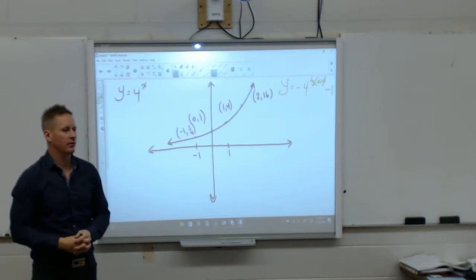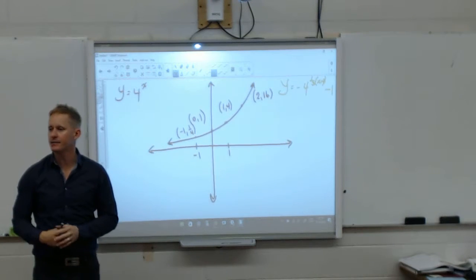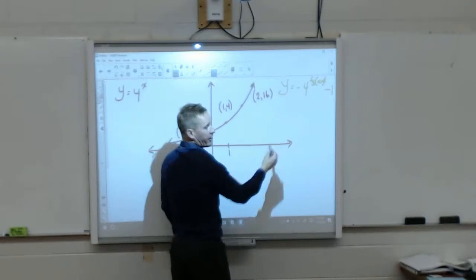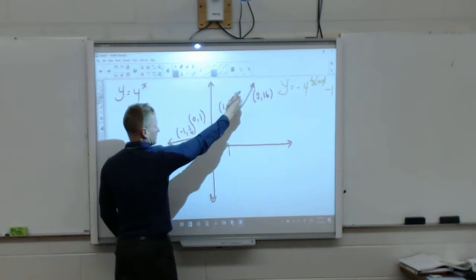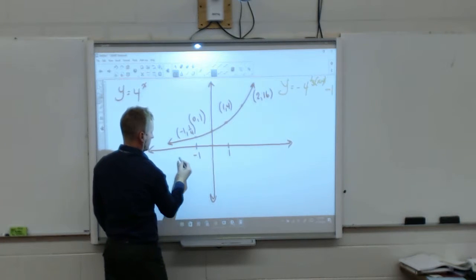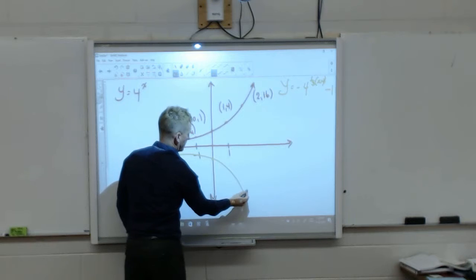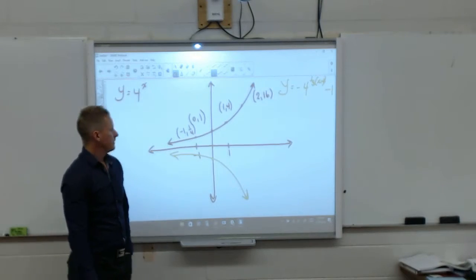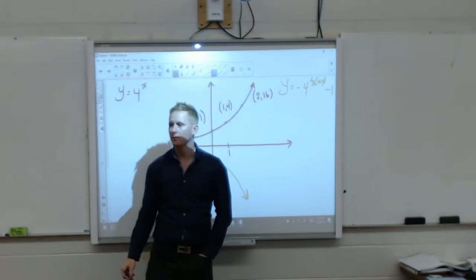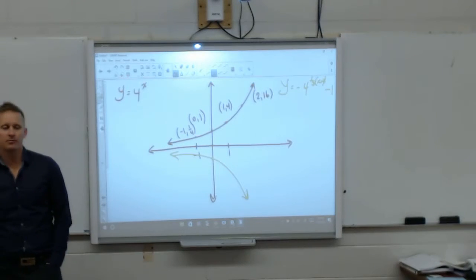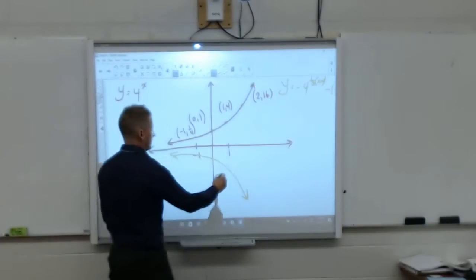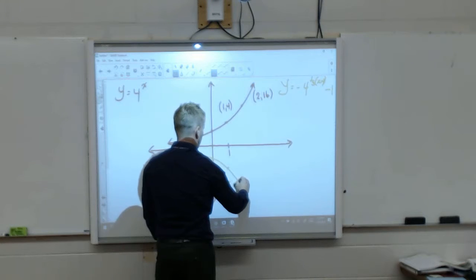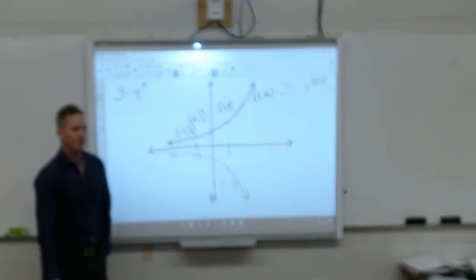So what's the first thing I should do? Reflect it over which axis? Reflect it over the x-axis. That negative right there means that all of these positive values are now down here, right? Okay? Then what? So I'm going to stretch them out by 3. So this value right here, which is 1 and negative 4, is going to be what?